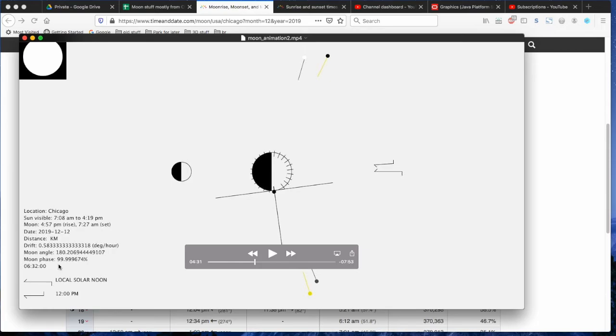So I was actually ahead by about 6 hours. So technically, for me, Chicago should have had the full moon at 100.0% just before the moon set because of this local solar noon not being the same as 12 p.m.